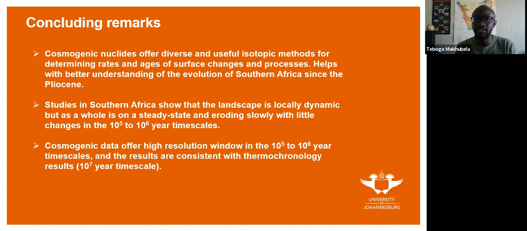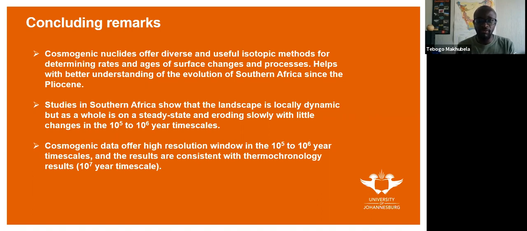Typically 150,000 years is the maximum limit that many people place on it, with reasonable accuracy and precision. However, for example, in the Cradle of Humankind, ages as old as 350,000 have been determined. But using cosmogenic nuclides, we can go all the way back to about 4 to 5 million years with very good precision and accuracy.